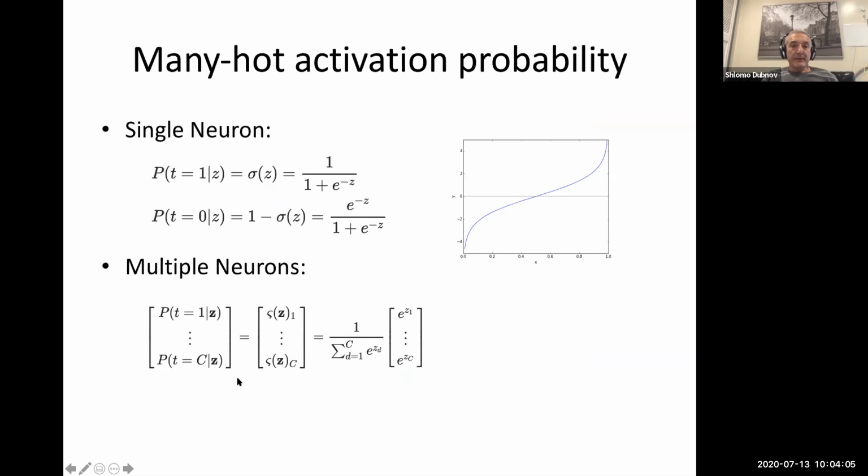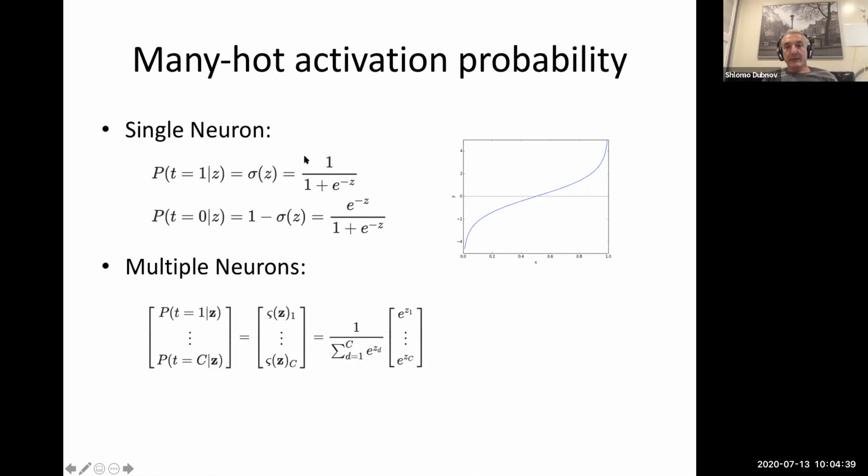Now, if we have multiple neurons, then the question is, what is the probability? Let's say you have C outputs, and the question is, given the activation of all the neurons, what is the probability of each one of these classes to be active? So one way to generalize this is to have this kind of expression. We still have e to the power of z at the top, and we normalize by the sum of all the e to the z.